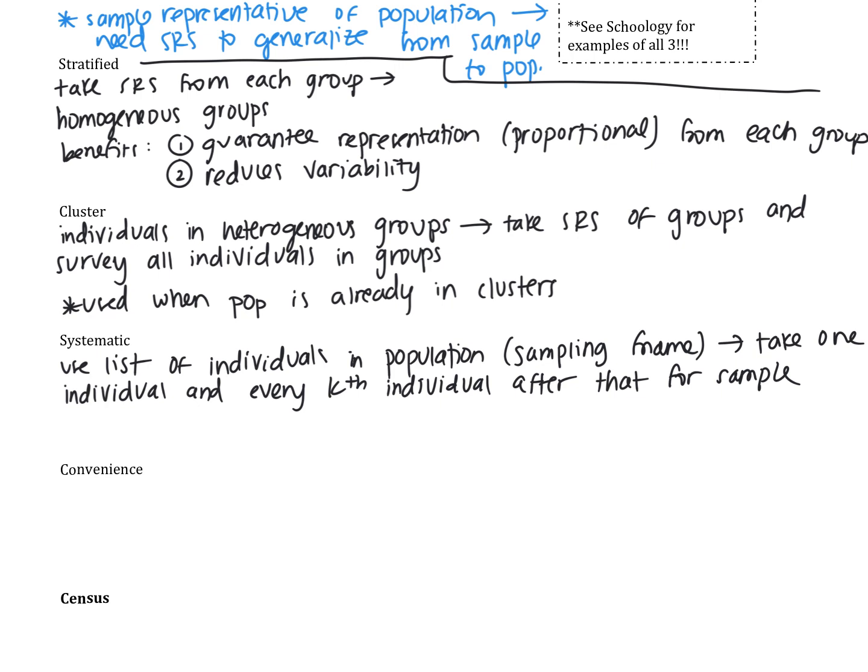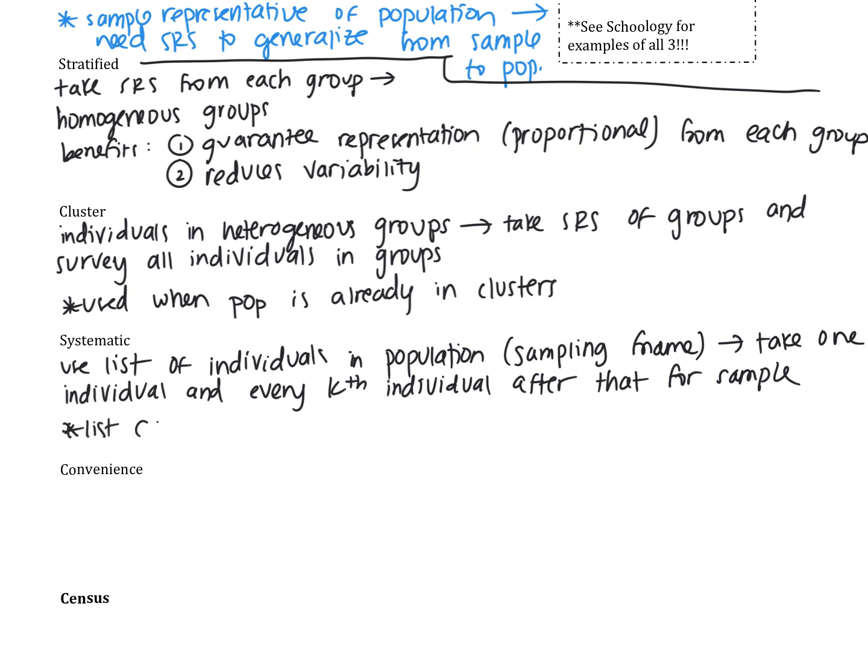So if I had a list of all the students at Prospect, I might start at the third person on the list and then choose every 50th person after that. What is important about a systematic sample is the list cannot be in any order related to what we're studying.